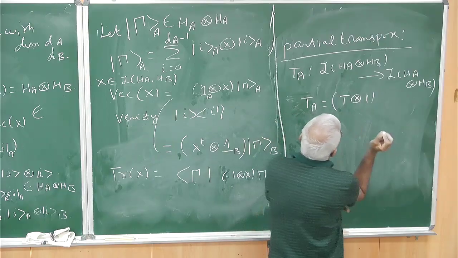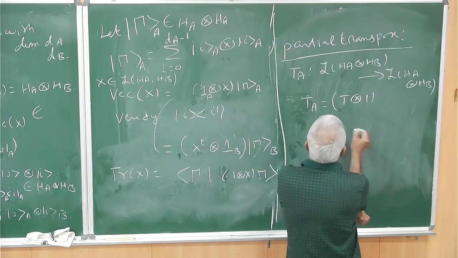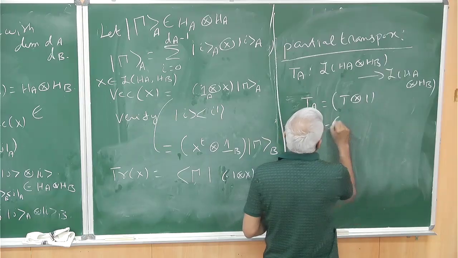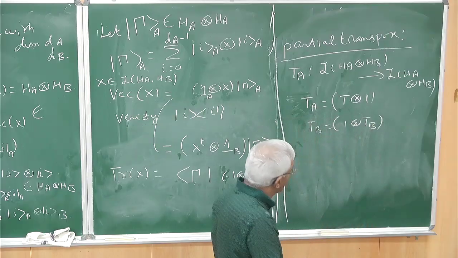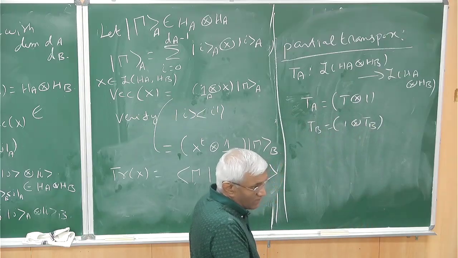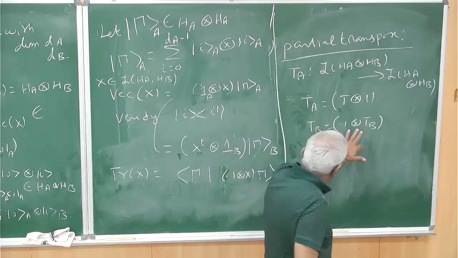Similarly, TB equals 1 tensor TB. It's a partial transpose. You are taking the transpose in one of them. One thing will be clear.